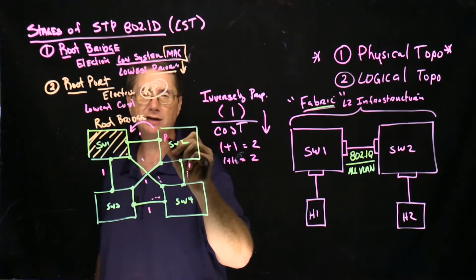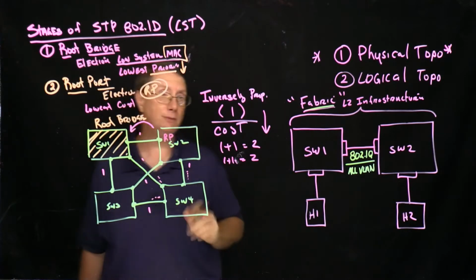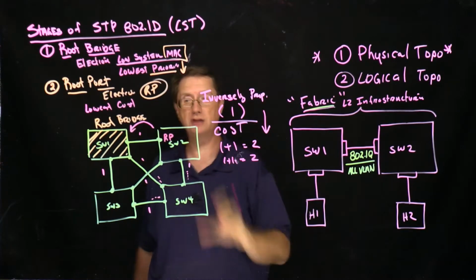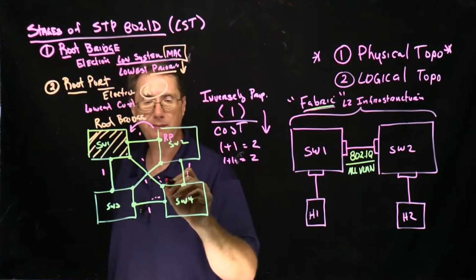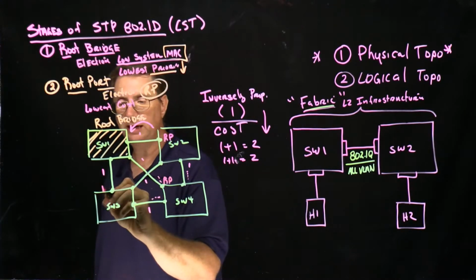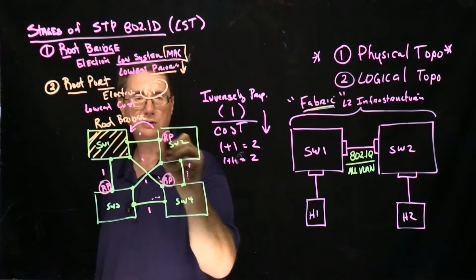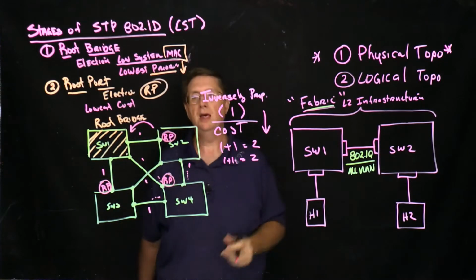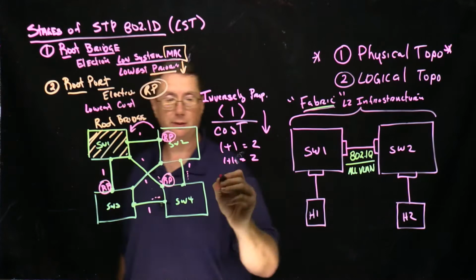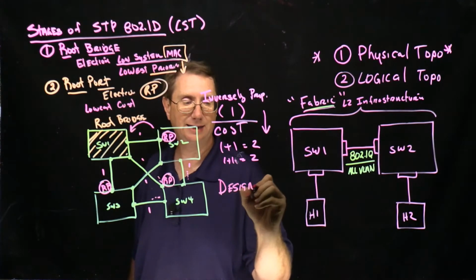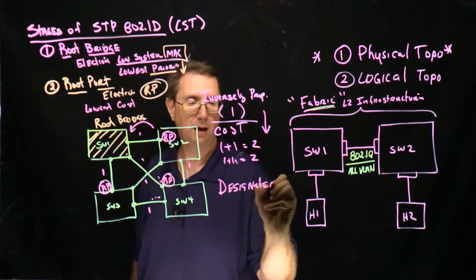Based on this process, I'm going to pick the interface that leads via the shortest path cost towards the root bridge. That's going to be the interface that becomes my root port. So what we see here is these interfaces all would become root ports. Now, root ports lead towards the root bridge. It's also important to understand that we have another port type called a designated port.